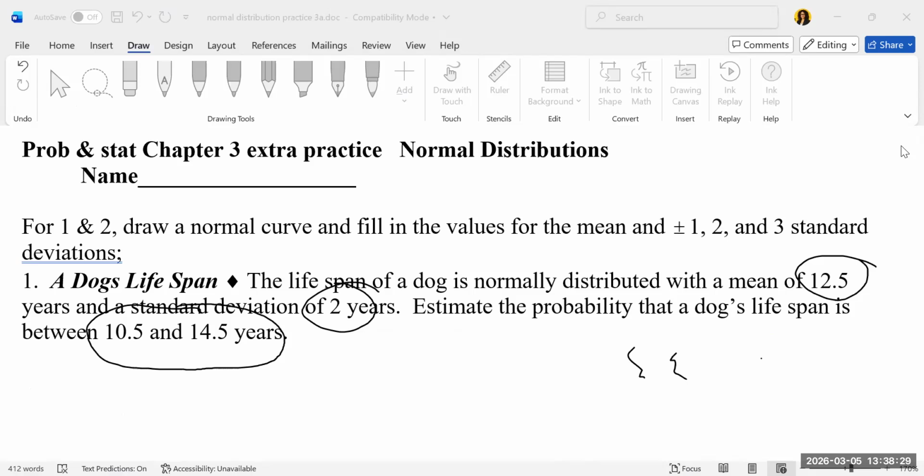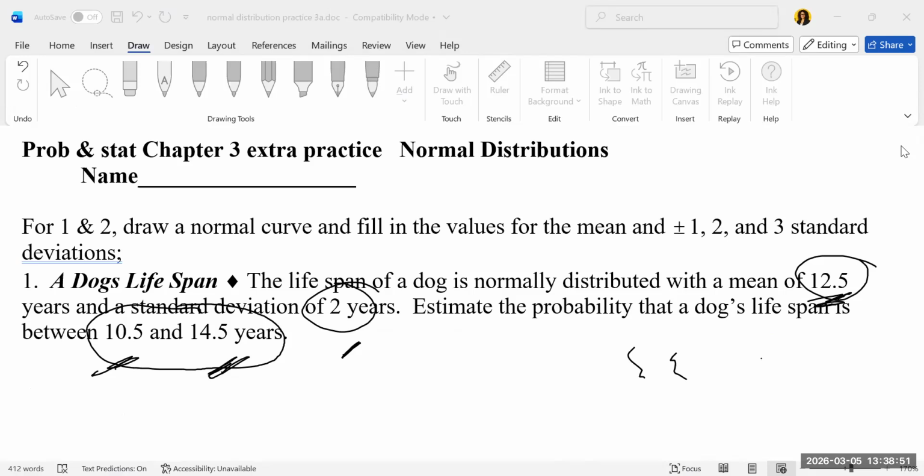The important thing is that the standard deviation is 2 and the mean is 12.5. Mean plus 2, the standard deviation, is 14.5, one standard deviation above the mean. Mean minus 2 is 10.5.